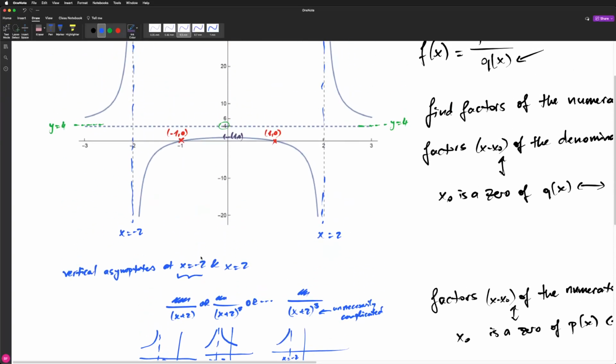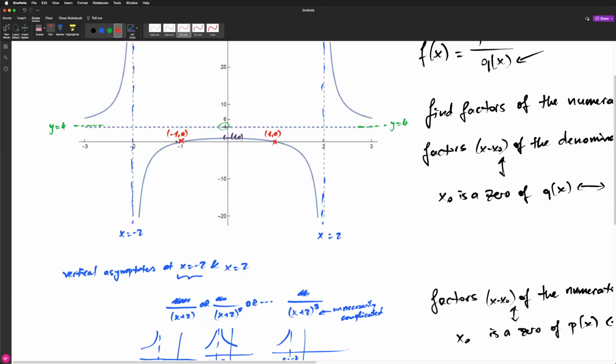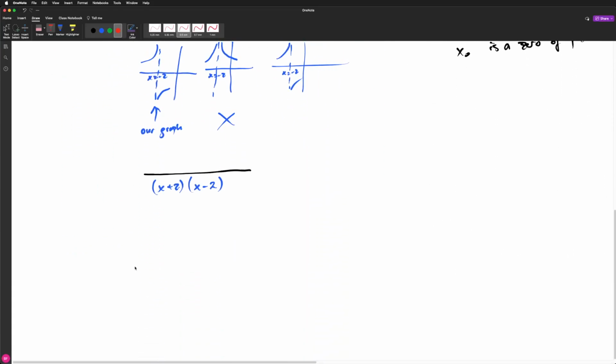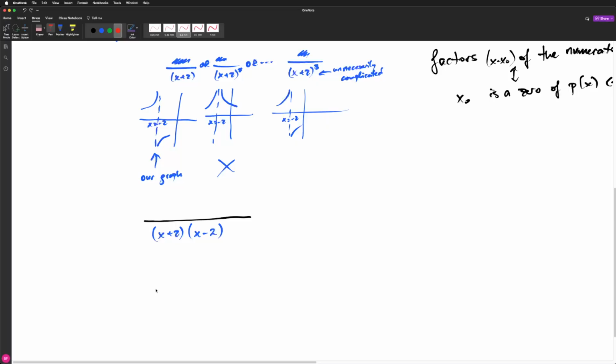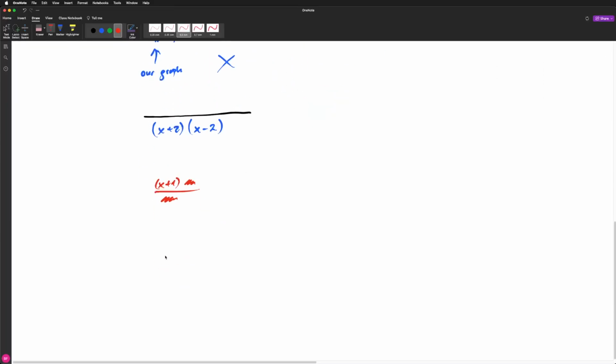And then I look at the x-intercepts. I have one here, at x equals -1. I have an x-intercept, so x plus 1. And there could be other factors around.